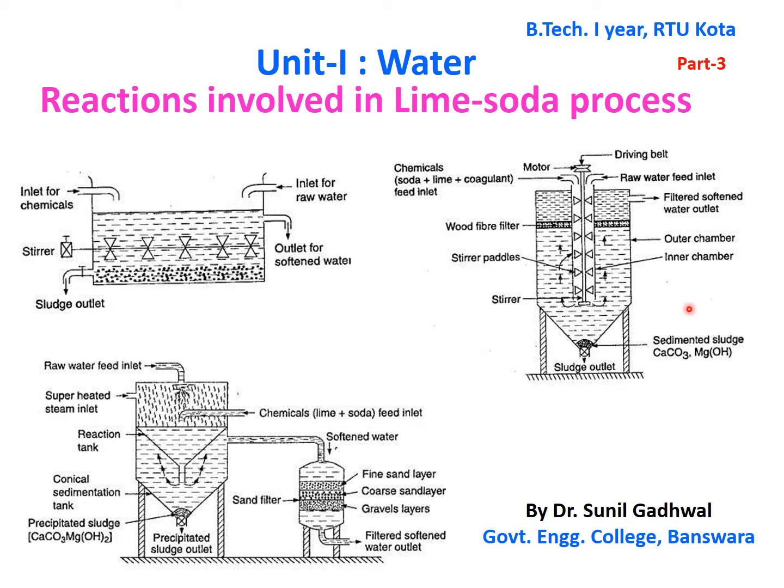Because this process takes time, to get good quality soft water we need to reduce the time taken. So in the hot soda lime process, we pass superheated steam, which accelerates the reaction rate, and the softening process takes less time.